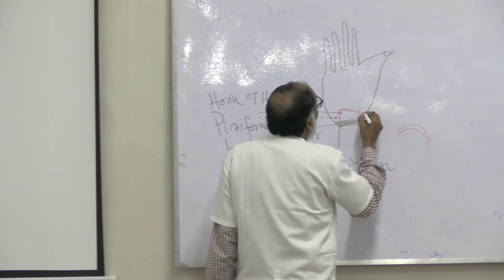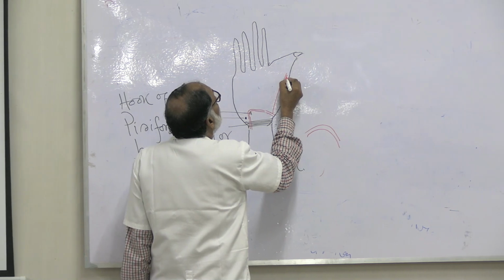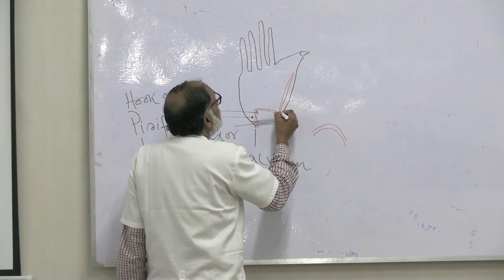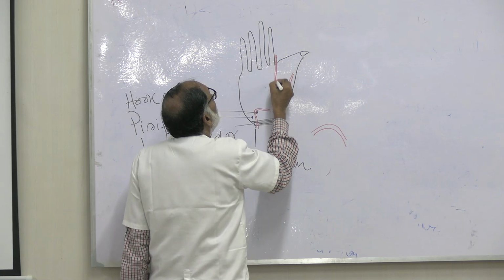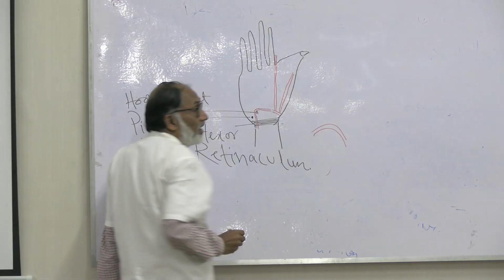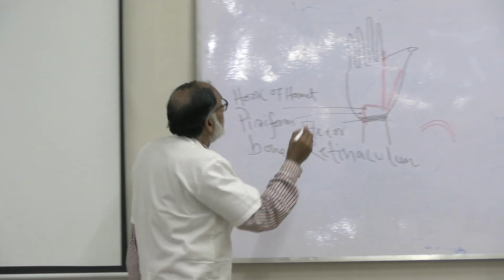One is known as arteria princeps, and one is known as arteria radialis indicis. Arteria radialis indicis.